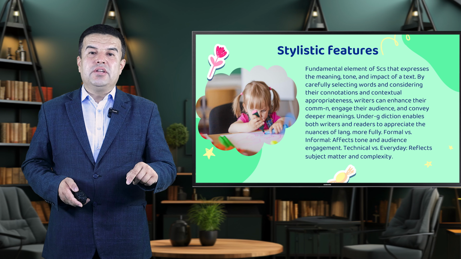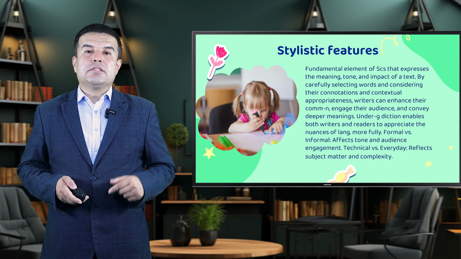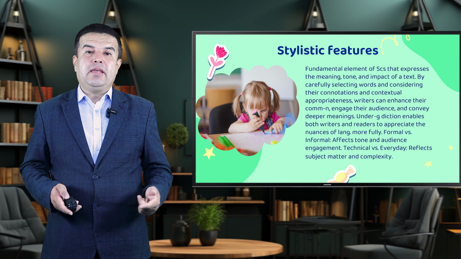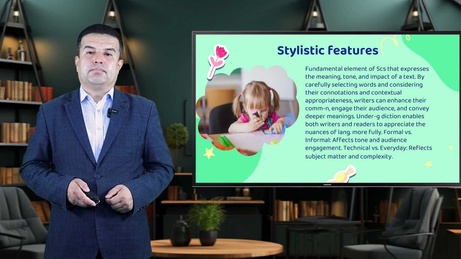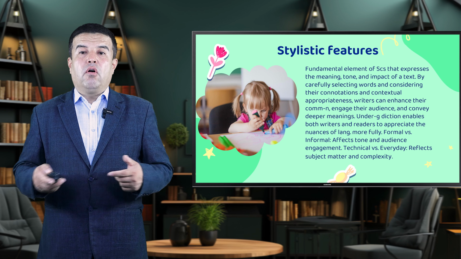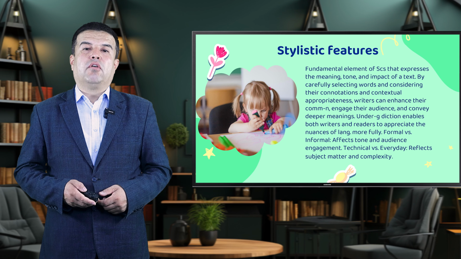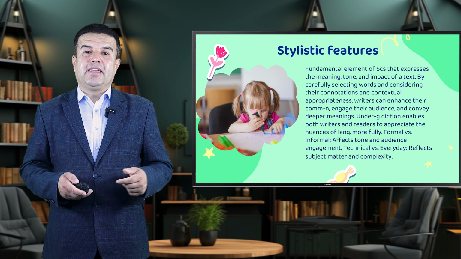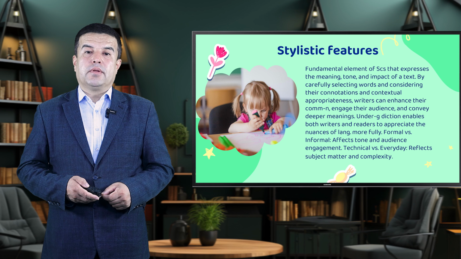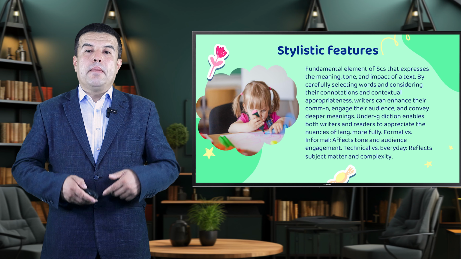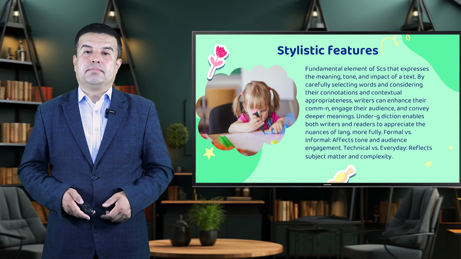Understanding diction enables both writers and readers to appreciate the nuance of language more fully. Formal or informal affects tone or audience engagement. Technical or everyday reflects subject matter and complexity.